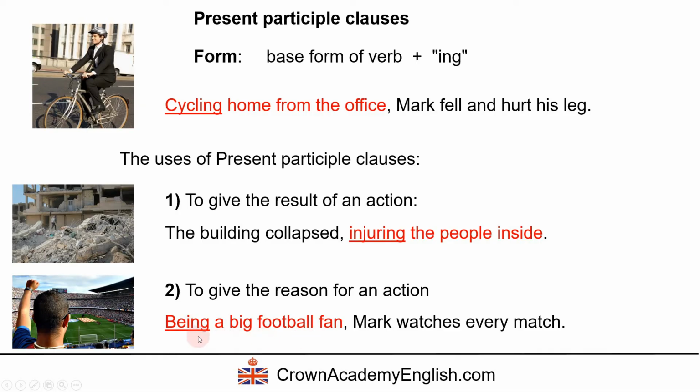So the full version of this would be, since Mark is a big football fan, he watches every match. He watches every match because he is a big football fan. It is the reason. The reason for this is this.